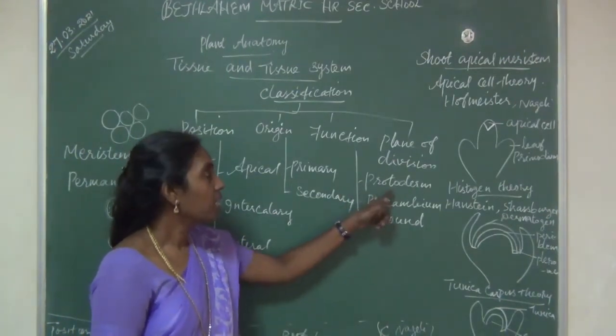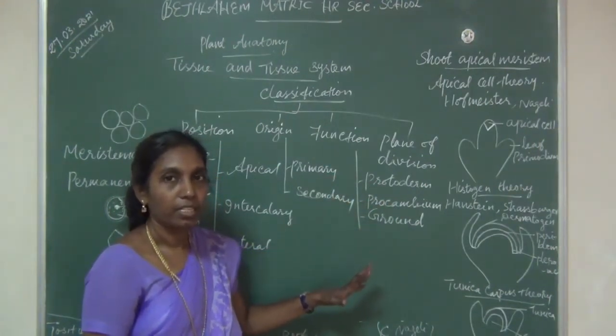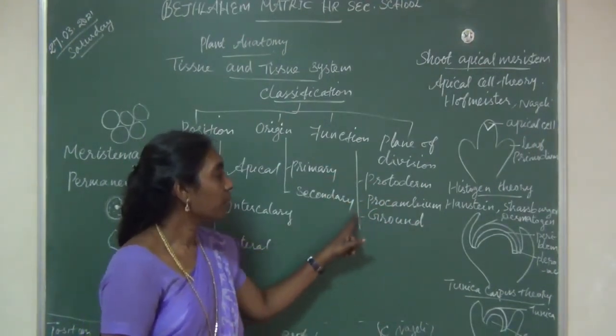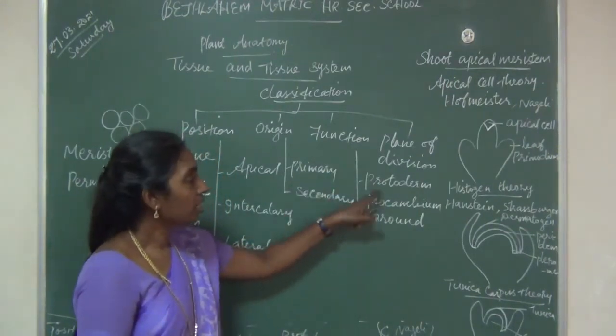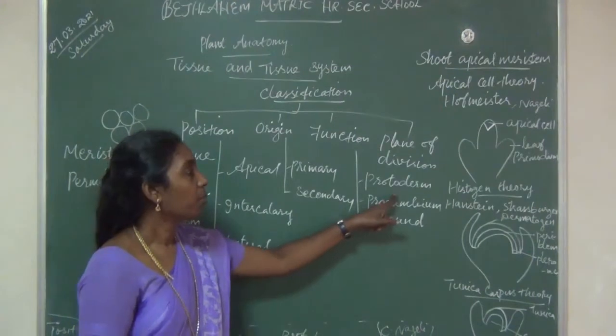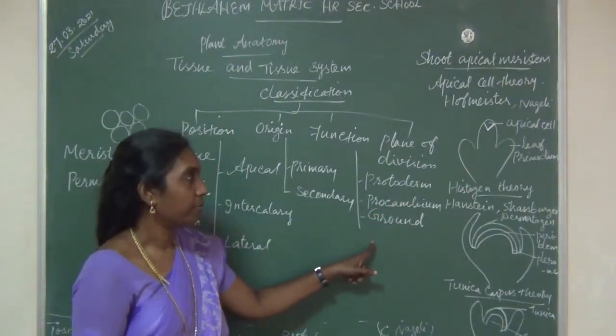Apart from the epidermis and the xylem and phloem conducting tissues, the remaining tissues are produced from the ground meristem. So based on the function, there are three different types of meristem: protoderm, procambium and ground meristem.